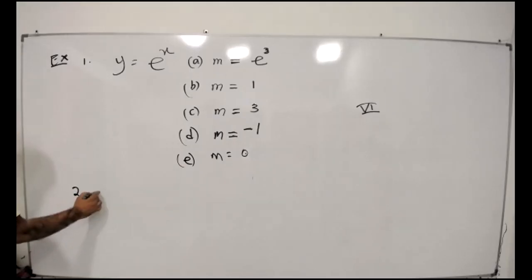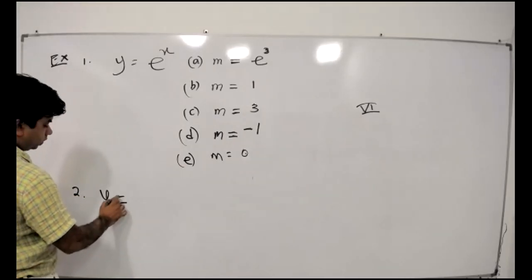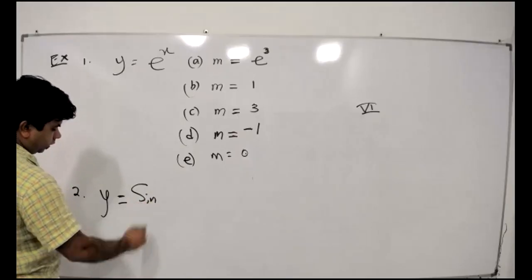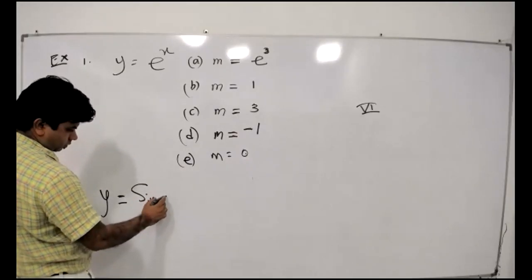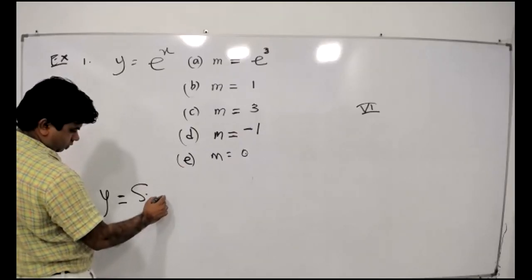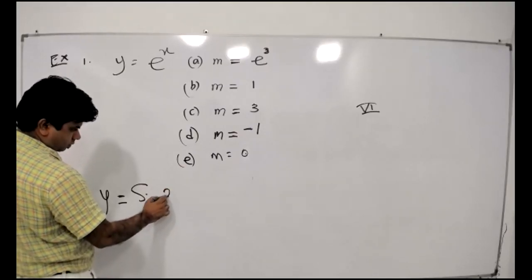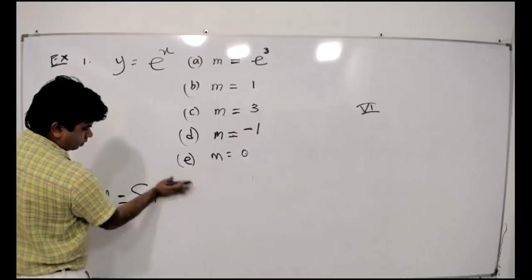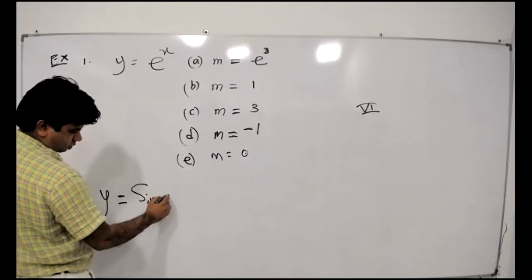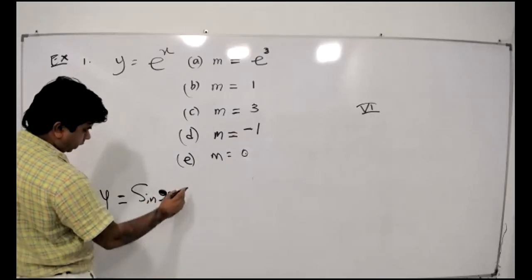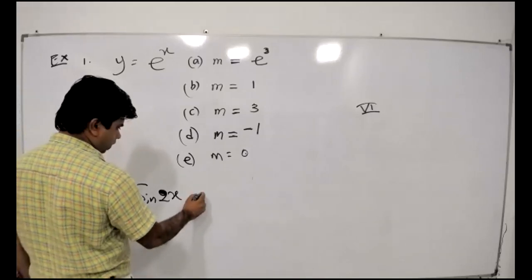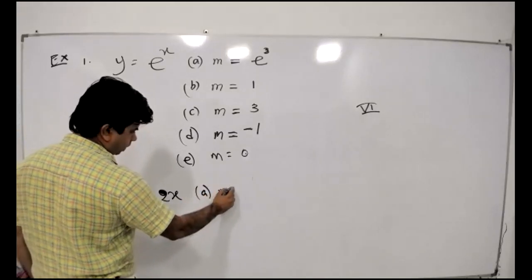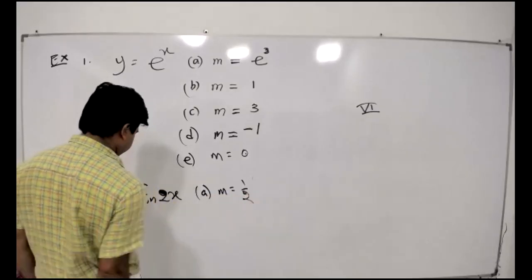The second one, y equals sine 2x. Then under part A, the gradient is half.